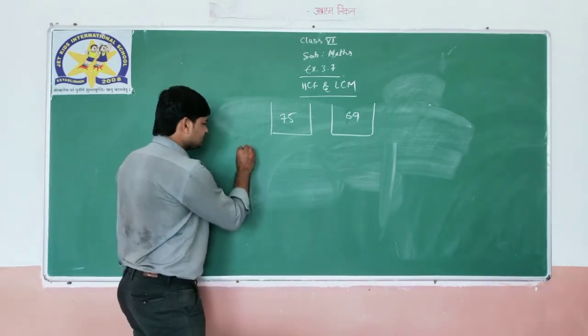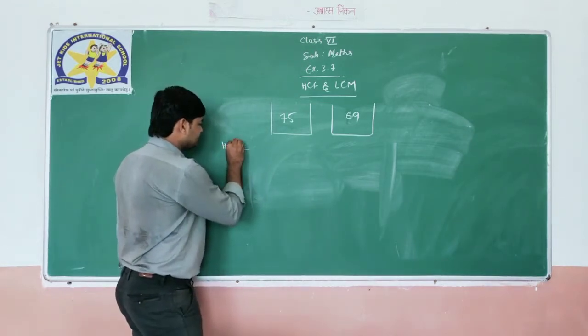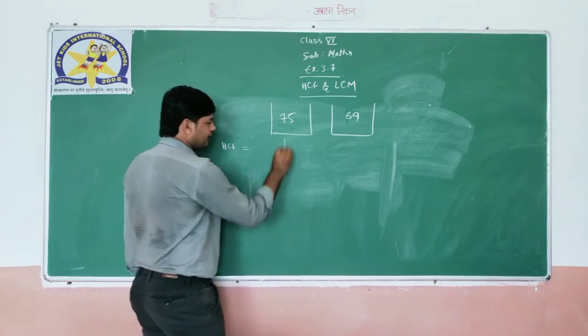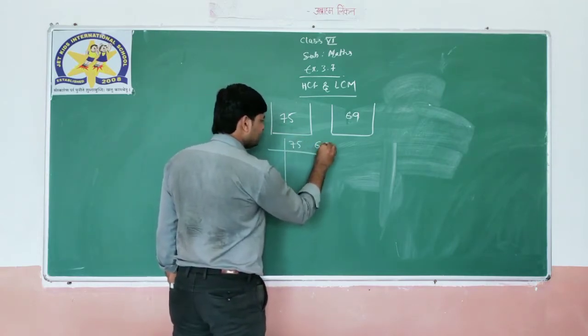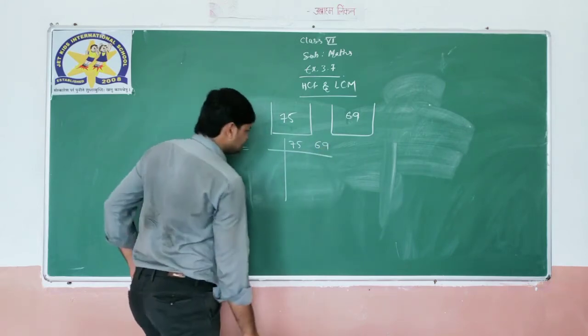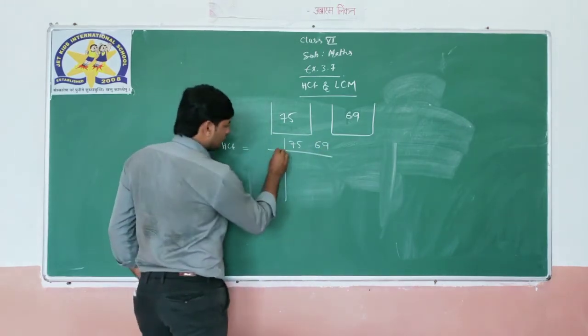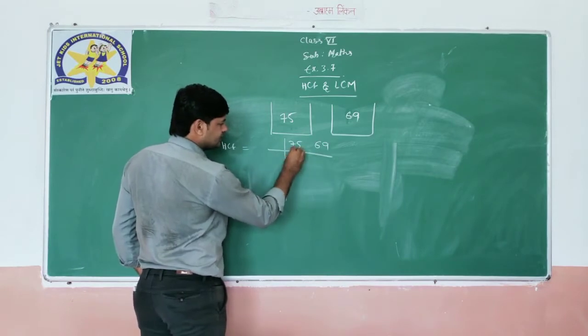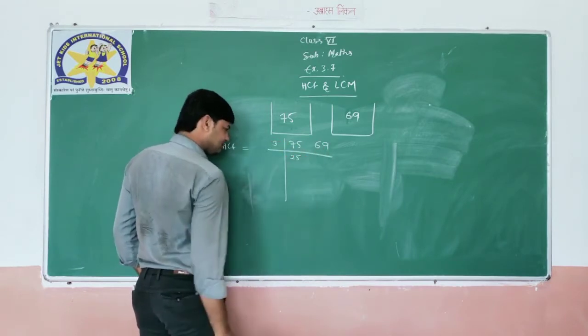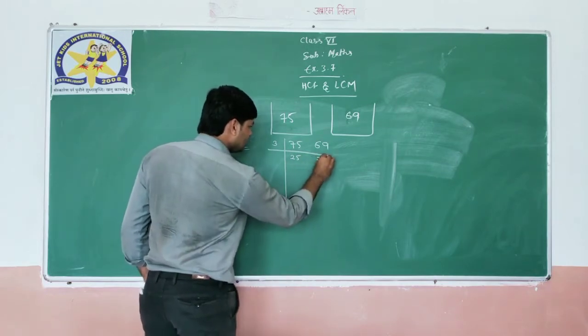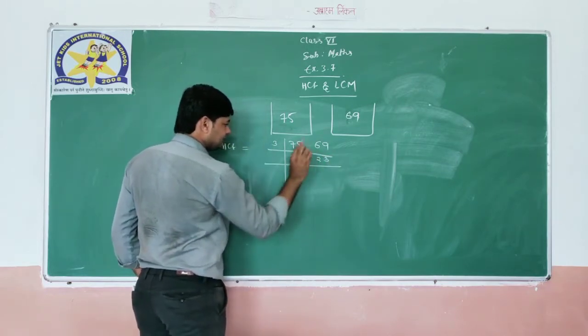So HCF you are finding out. I am doing prime factorization here of 75 and 69. Is it divisible by 2? No. Is it divisible by 3? Yes. 3 25s are 75 and 3 23s are 69.